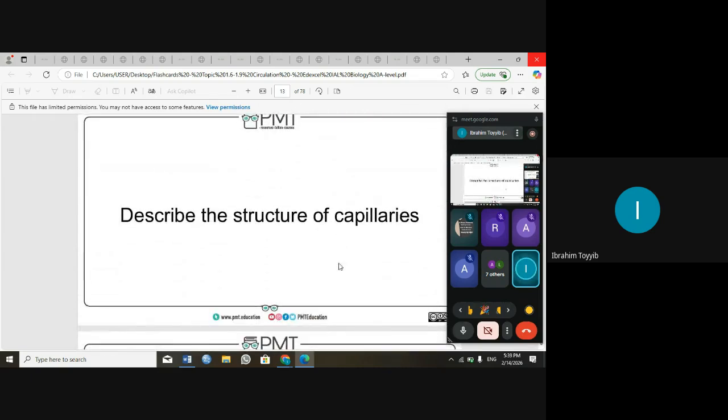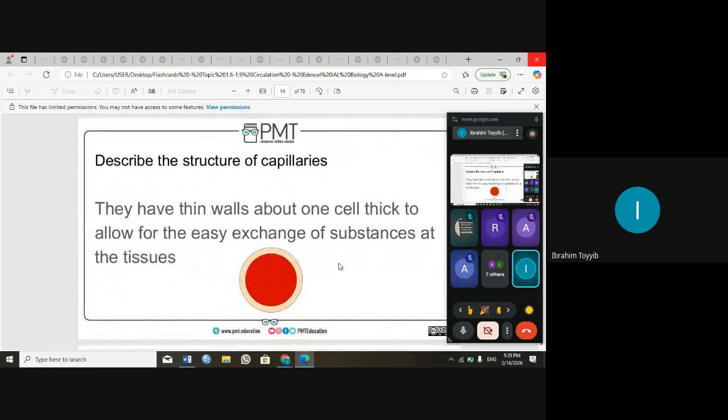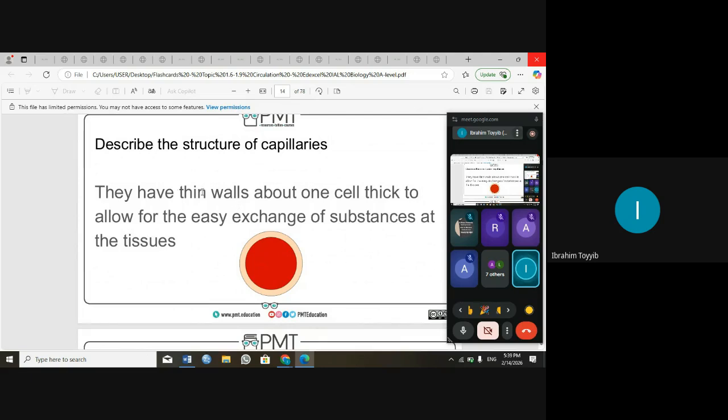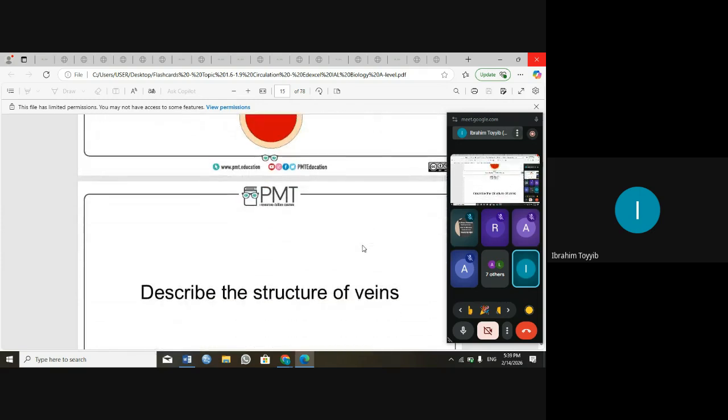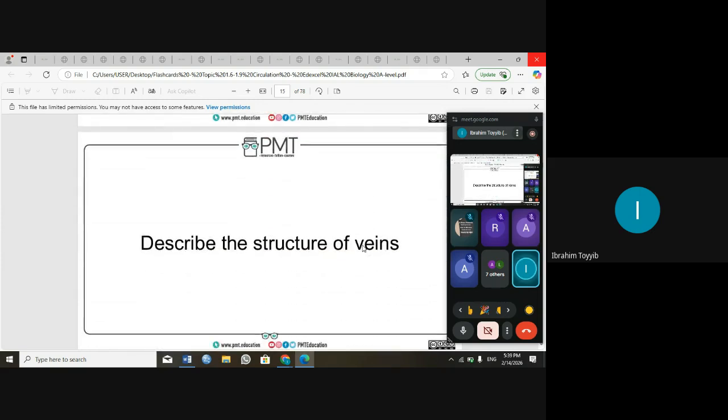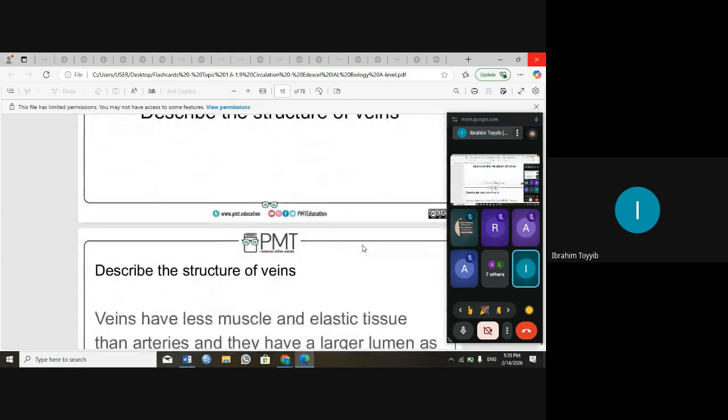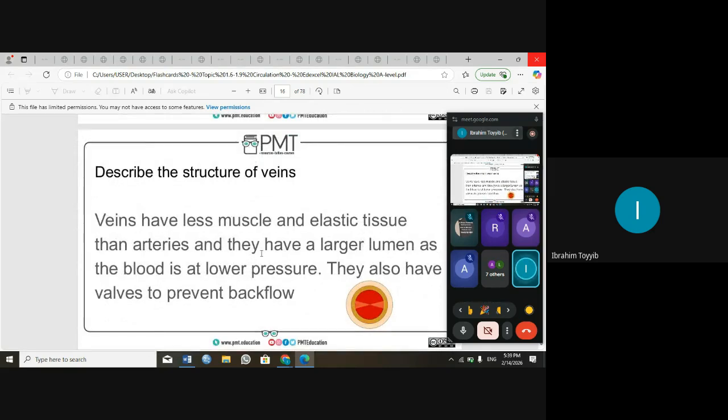So let's also look at the structure of capillaries. Capillaries have thin walls about one cell thick to allow for easy exchange of substances at the tissue. Substances like what? Nutrients, waste products. So the structure of the vein. Veins have less muscle and elastic tissue than arteries, and they have a larger lumen.